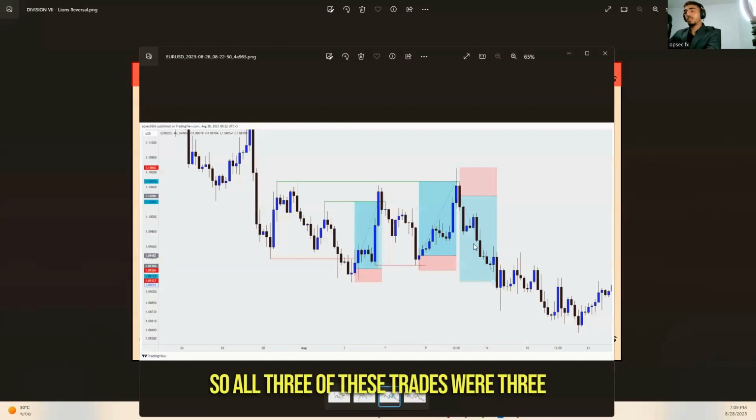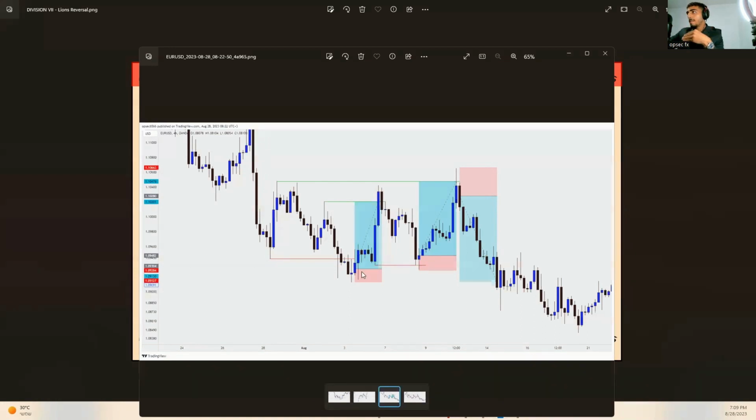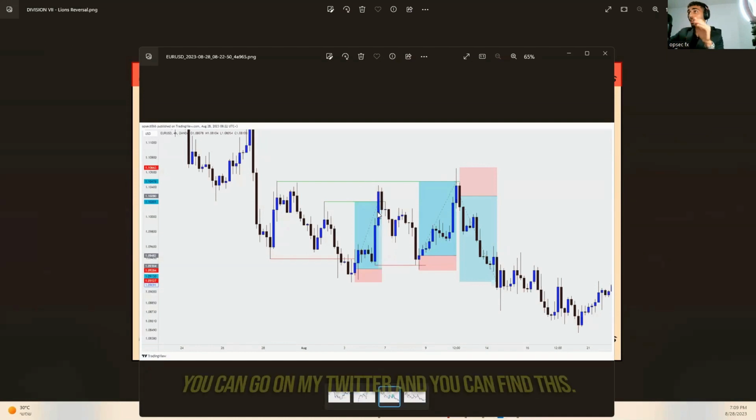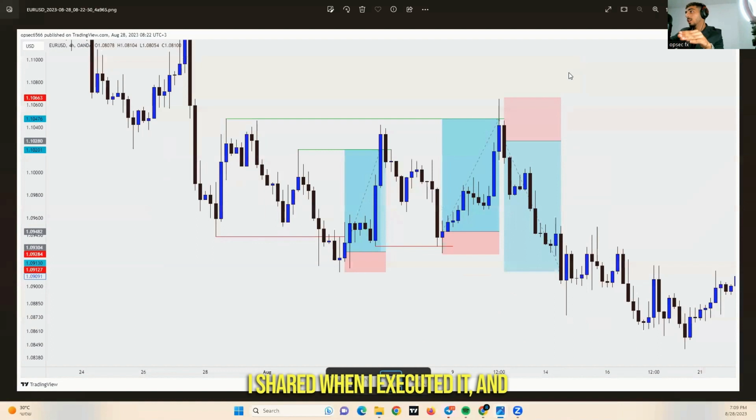All 3 of these trades were 3 consecutive wins that I publicly shared on Twitter. I shared the analysis before the trade. I shared when I executed it. You can go on my Twitter and you can find this. I shared when I executed it, and I shared when I closed it.